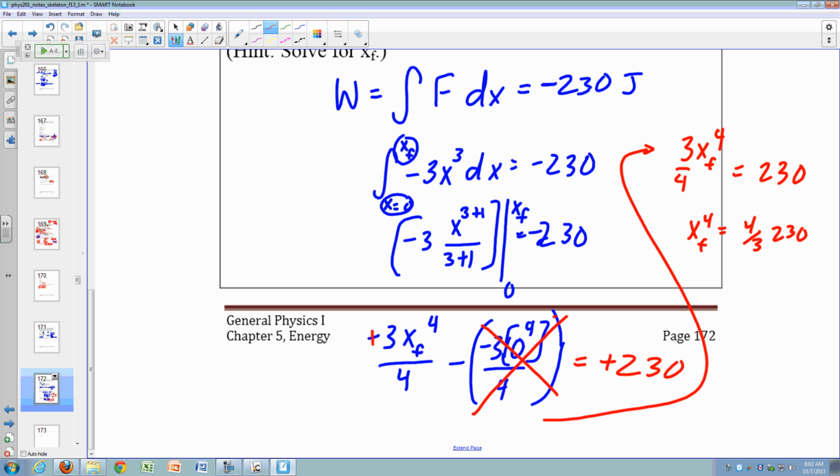It's 307. And then I raise both of these to the quarter power. I get 4.2. What several of you said.